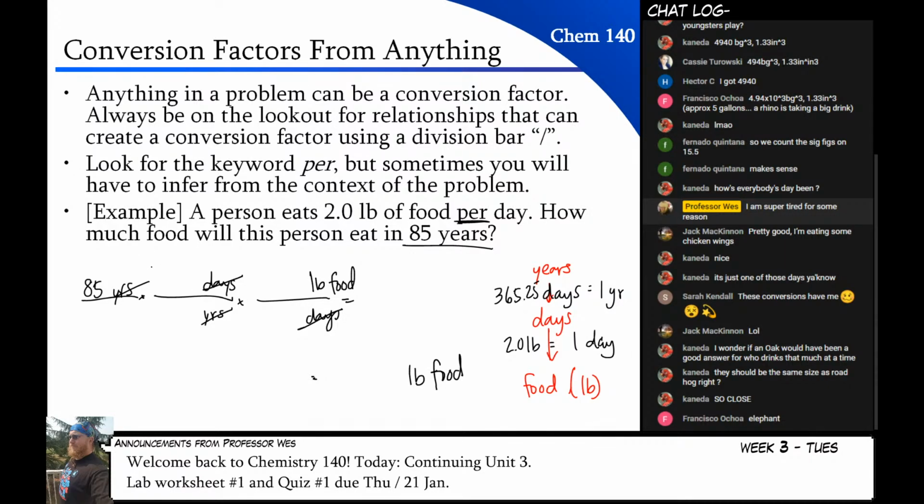All right, let's prepare to be disgusted with ourselves. I can't imagine people eating 2 pounds of food a day. But let's say that you are a Roadhog. 62,092.5 pounds.